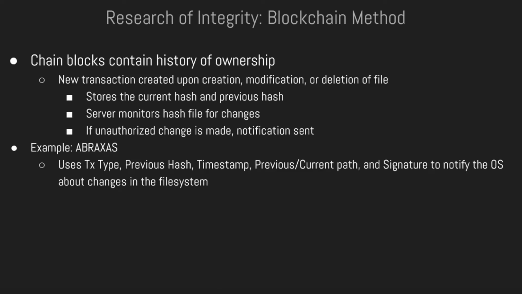If an unauthorized change is made, the server can be notified of that change via an API. One solution that uses this methodology is Abraxas. They contain metadata such as transaction types, timestamps, and signatures, which notify the operating system when a change has been made in the file system. Next slide, please.